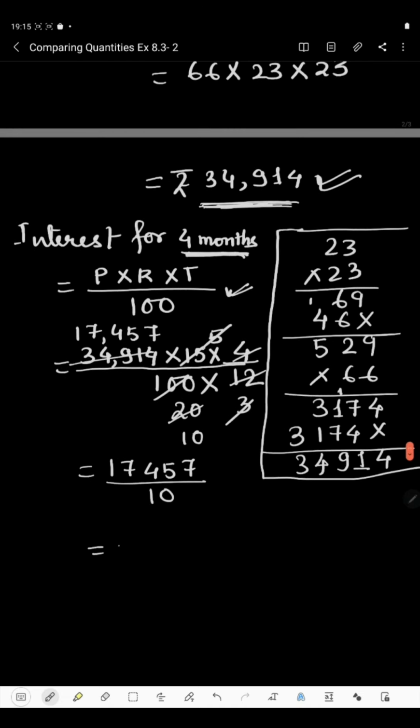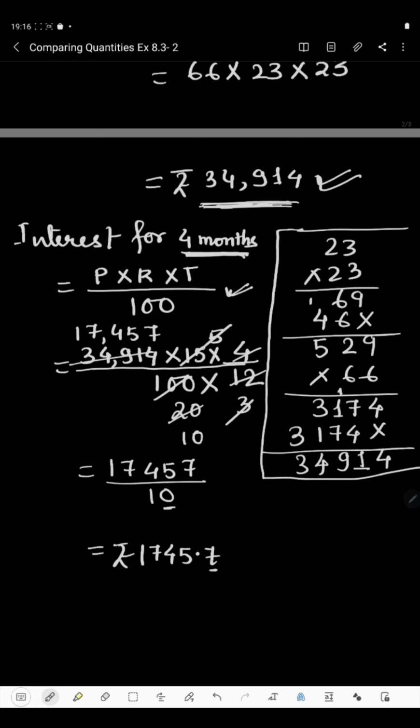It will be rupees. Here 10 means after the decimal there will be 1 digit, so the point will be placed before the 7, and the rest will remain the same. So it will be rupees 1745.7.